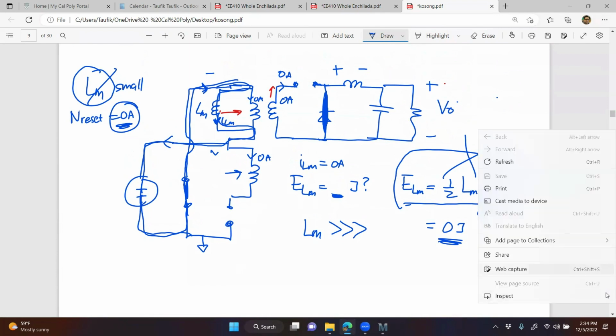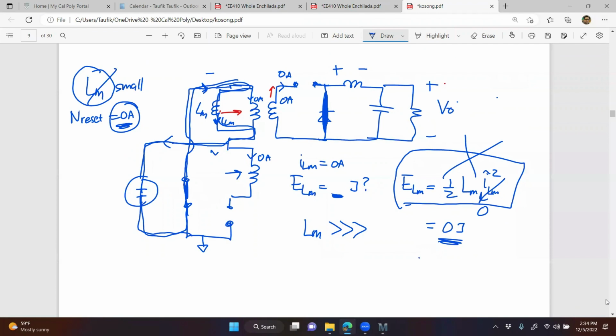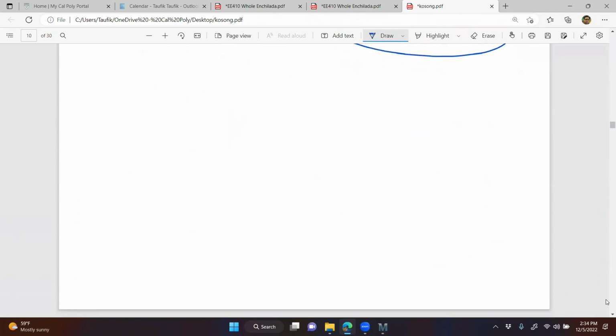Let me redraw because it's already kind of bad. If I redraw just the primary side, when the switch is closed, you have this circuit right here.